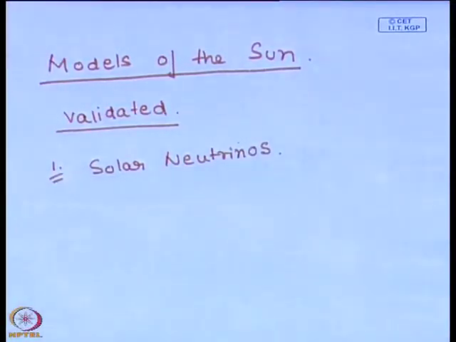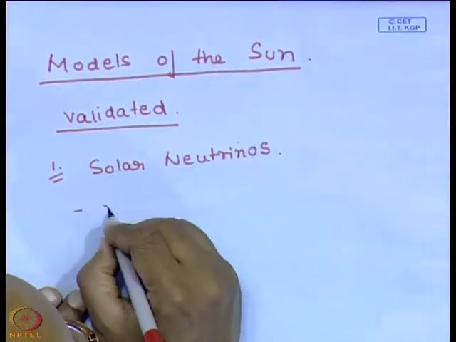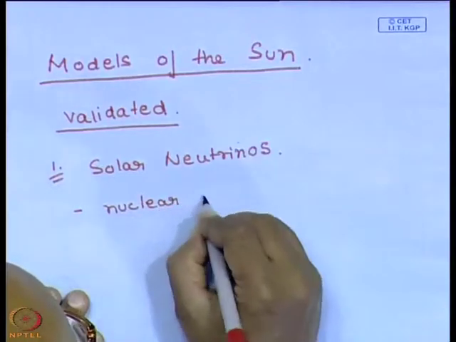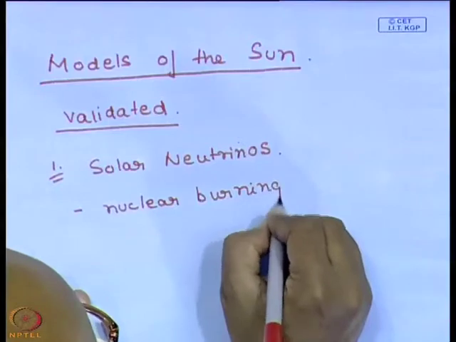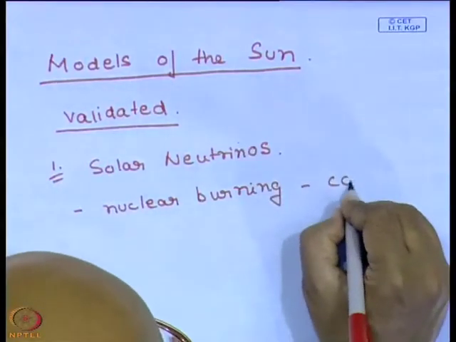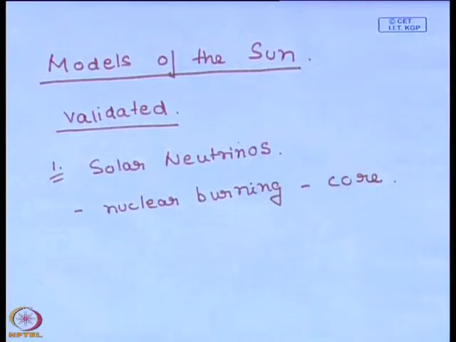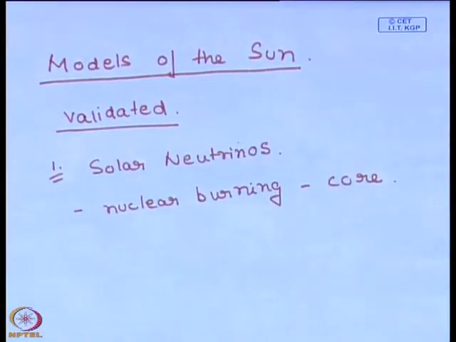The solar neutrino observations probe the fuel nuclear burning which takes place in the core of the sun. Okay. So, they probe a very small region at the center of the sun.